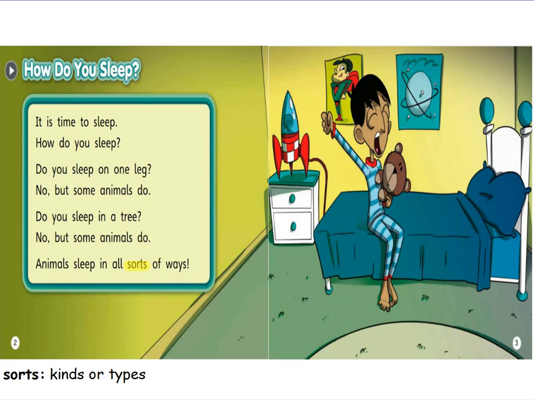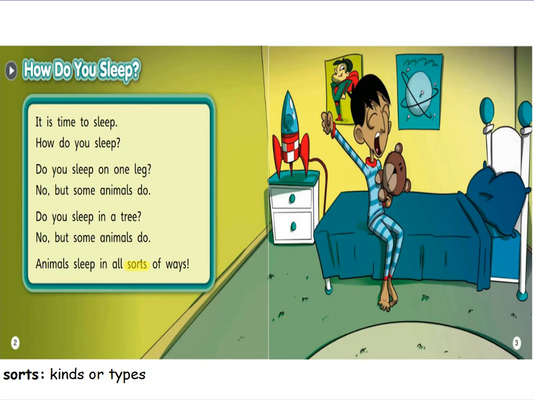Do you see that word that's highlighted in our text today? Do you remember, boys and girls, that is our vocabulary word? Our vocabulary word today is sorts. Sorts means kinds or types. A sort is a kind or a type of something.